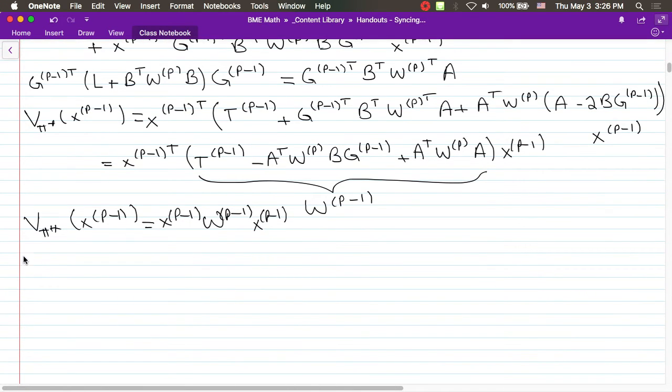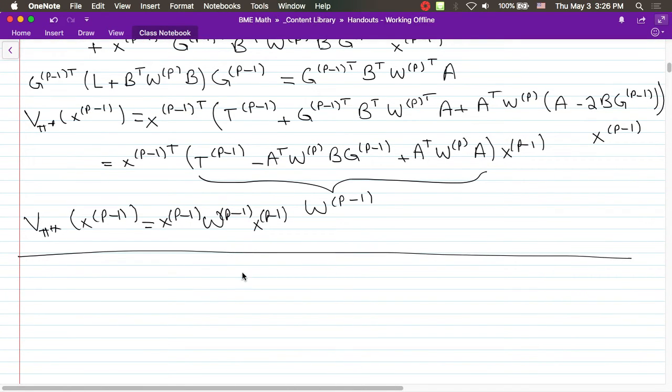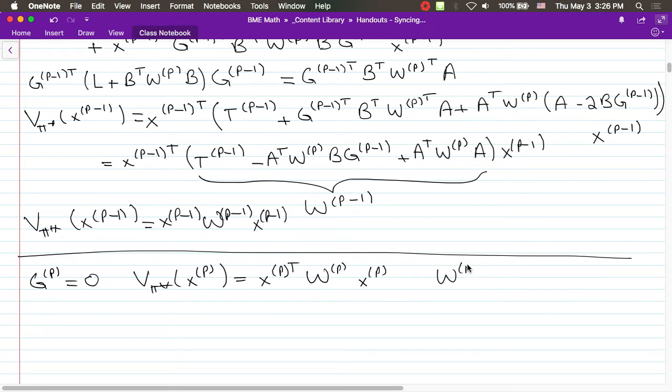And here's that matrix. So I have now an algorithm. So let me summarize our algorithm of how to find one by one the solution to our problem. So at the last time point, my gain of my feedback policy is 0. My value function as a function of state at that time point is x of P transpose W of P times x of P, where W of P is this matrix T of P, which is given to me in the cost per step.